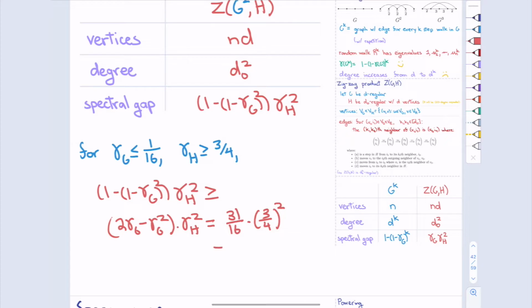Okay, so we get 93 times gamma g divided by 16 times 16. I feel like I didn't choose a small enough number.